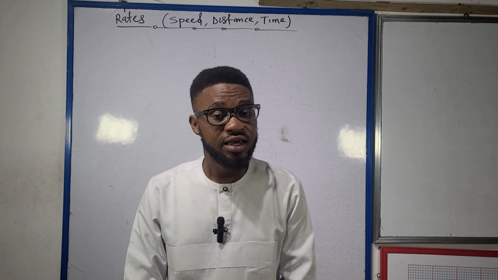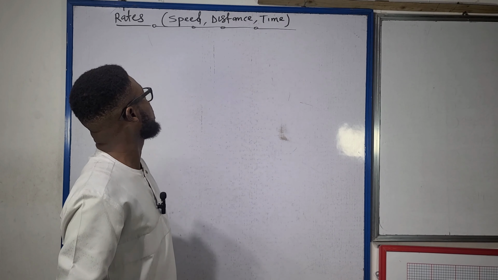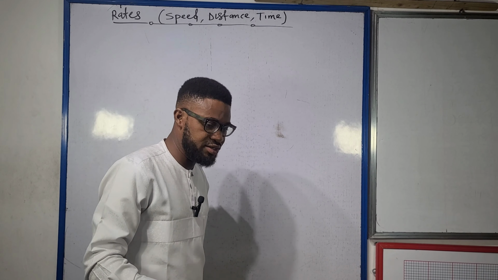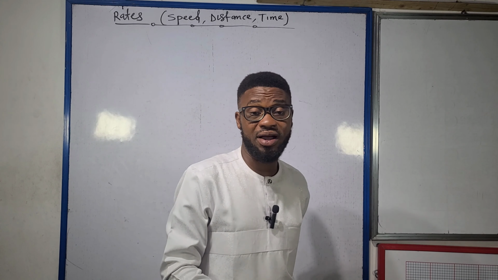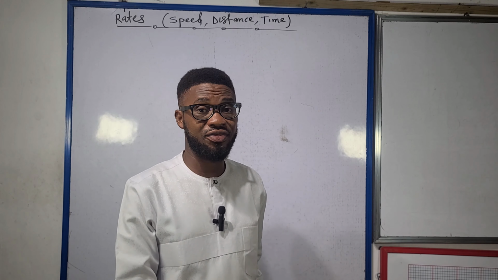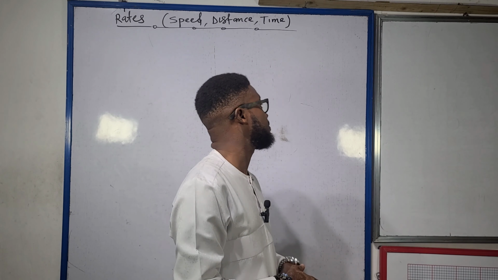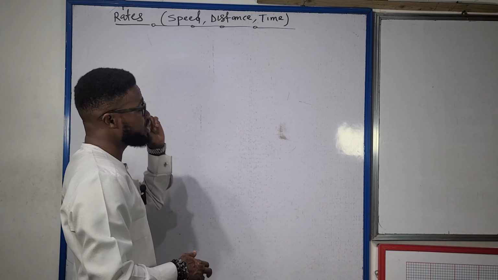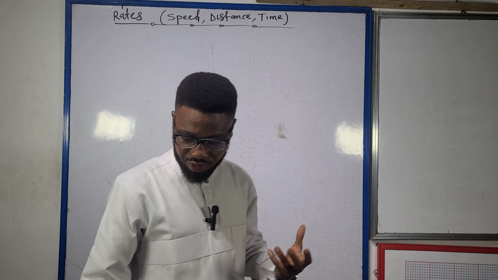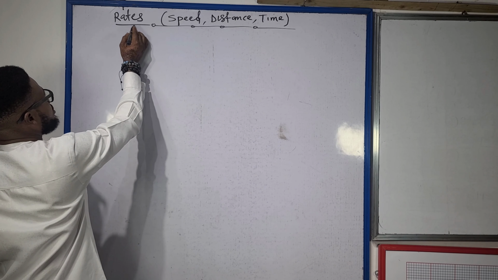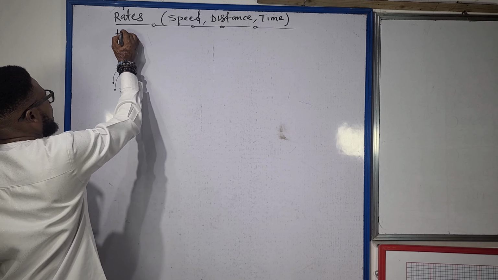Okay, still on the subject of mathematics, we looked at percentages, some commercial arithmetic, ratio, and proportions. Now it's just about time for rate. When we talk about rate, the first thing that comes to mind is time. Anytime you hear the word rate, you talk about time.